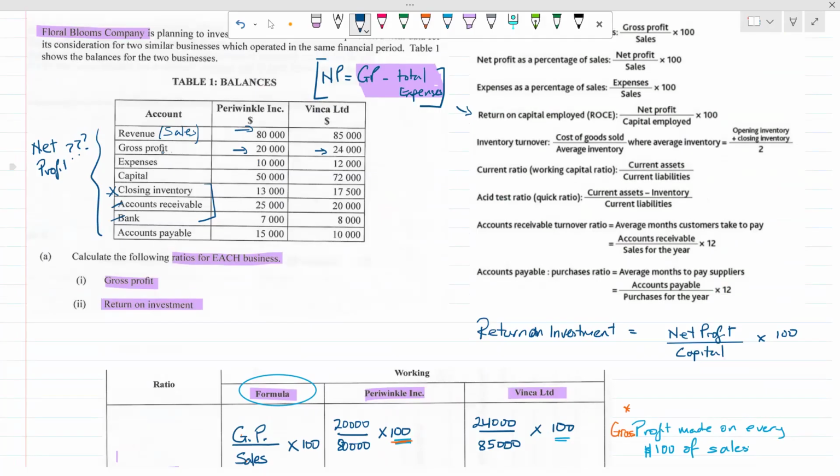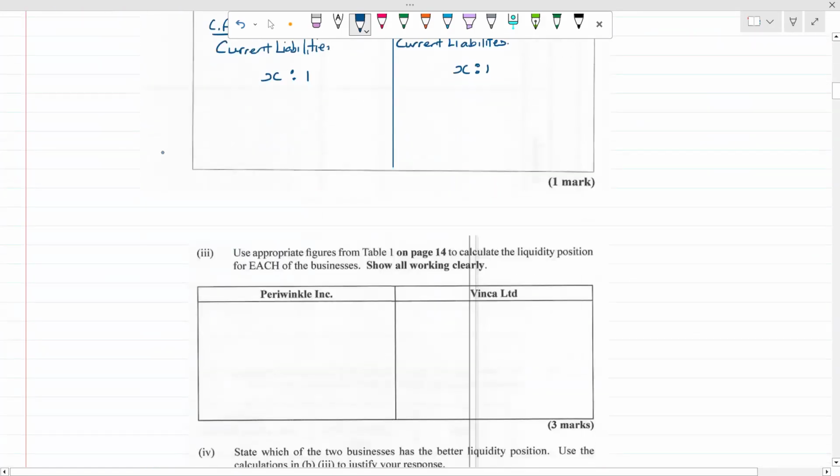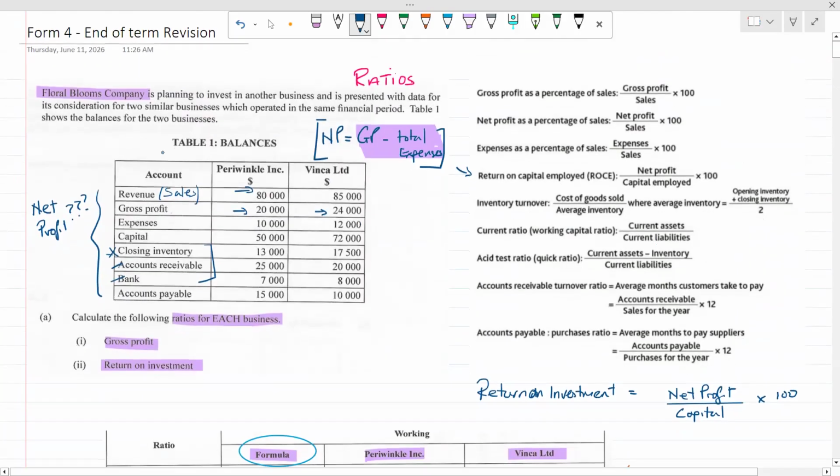We're not going to include the closing inventory because closing inventory is not included as part of the current assets when you do the acid test. So 25,000 plus 7,000 is 32,000, and you put that over your total current liabilities. In this question, we only have one, which is our accounts payable, $15,000.